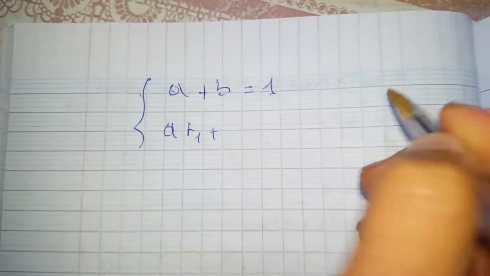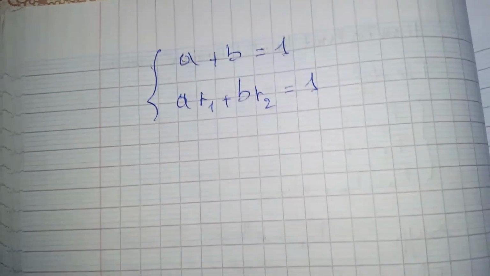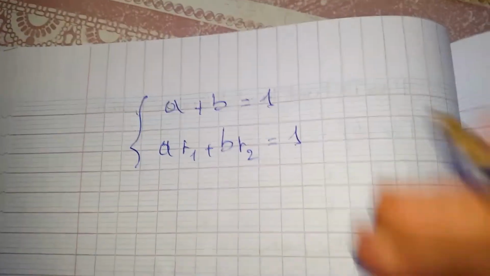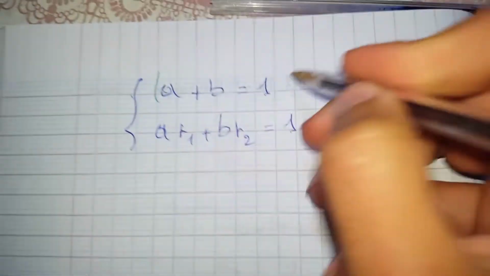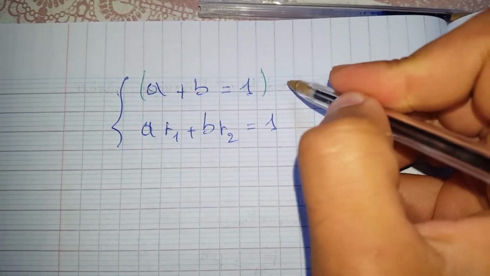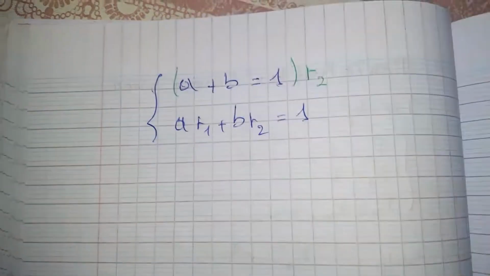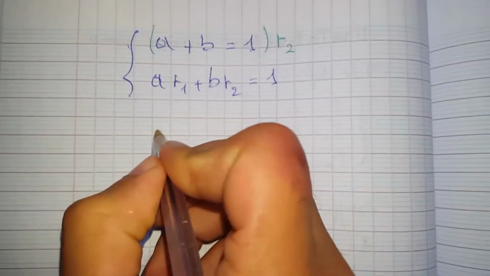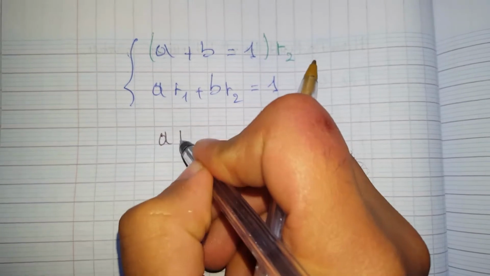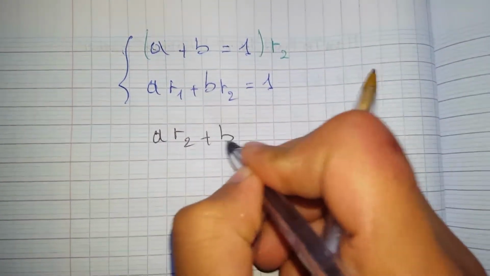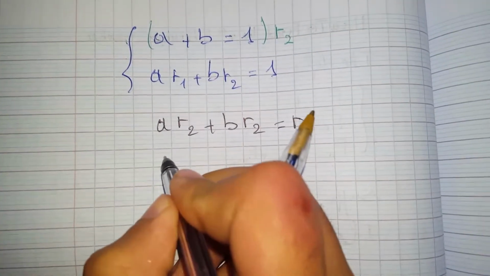I will multiply the first equation by r1 or r2. If you want to start with b, you can start with b, and if you want to start with a, you can start with a. It's not a problem. So if you multiply the first equation by r2, it will give you a r2 plus b r2 is equal to r2, and the second equation will still be the same: a multiplied by r1 plus b multiplied by r2 is equal to 1.